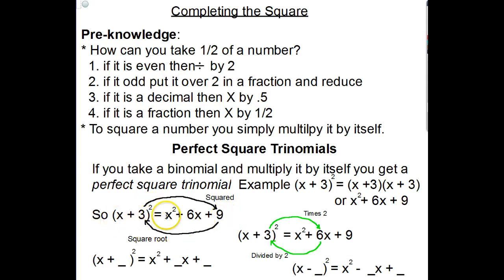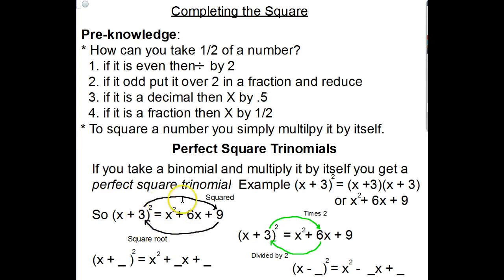Okay, what I want to talk to you about now is the relationship between a binomial that we're going to square and the resulting trinomial that you get after you square it, and how this constant relates to the linear term and then the constant on the trinomial. As you can see right here, that 3, you square 3 to get 9, or if you want to go from 9 back to this number, you'd have to take the square root of it.